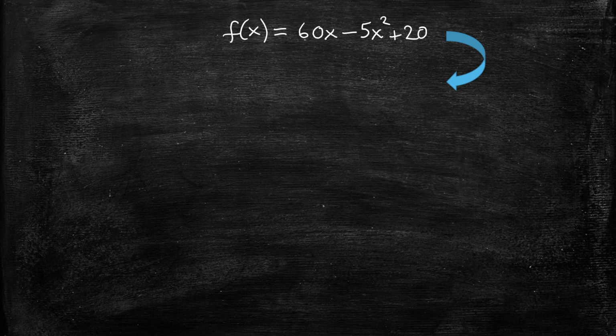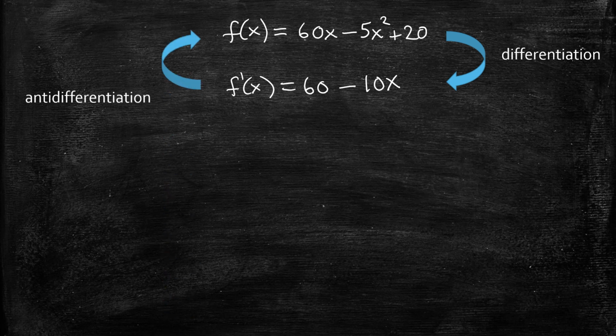So if we take a function like the one we got in the last slide and we perform differentiation, I take the derivative, we get this. And the inverse process, the reverse process, we now know, is called antidifferentiation. But notice that antidifferentiation is not quite the perfect inverse, because we're not guaranteed that that number there is 20.